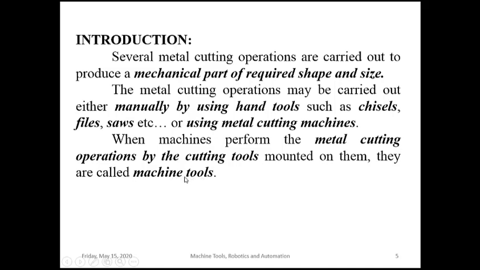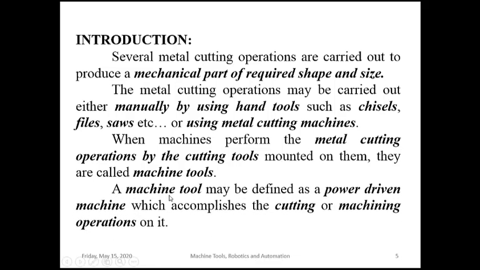A machine tool is one where the metal cutting operation is done by a machine which has cutting tools and some space to hold the workpieces, and its entire setup is called a machine tool. And we can see the definition now. A machine tool may be defined as a power driven machine which accomplishes the cutting or machining operations on it.